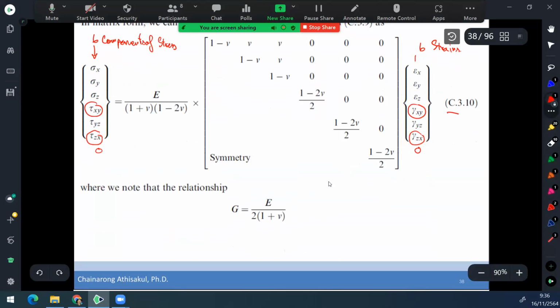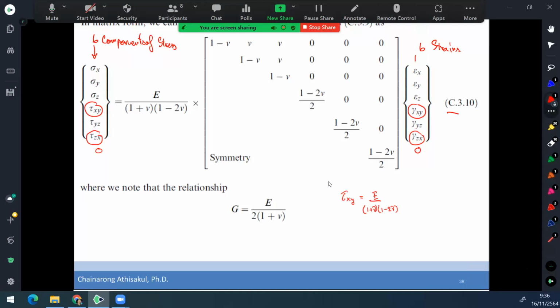If we consider the case of gamma xy and tau xy, what is it for gamma xy and tau xy? It becomes E multiplied with 1 plus nu, 1 minus 2 nu, multiplied with gamma xy, right? Multiplied with 1 minus 2 nu over 2, this term.